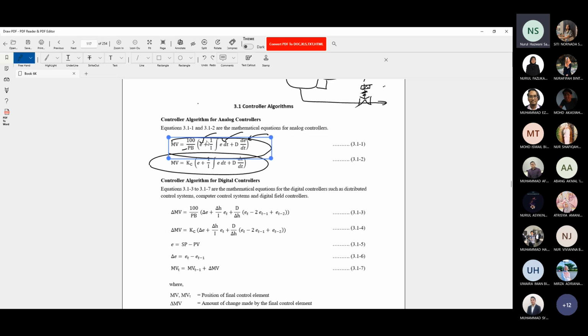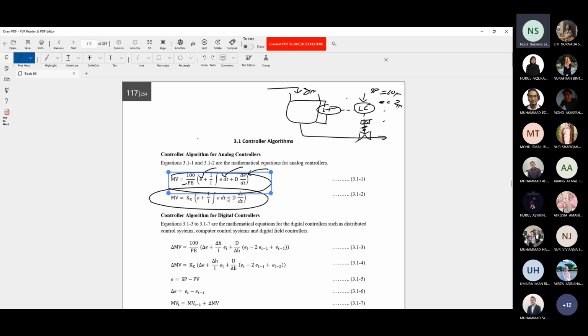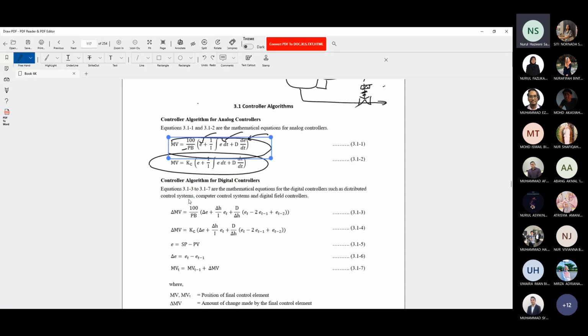Using the analog controller, normally this is the formula: 100/PB also equal to KC. For the digital controller, basically we use the same concept. We have the P gain, and then I, and then D. But the difference is the error formula. Why do we do it like this for the digital controller?